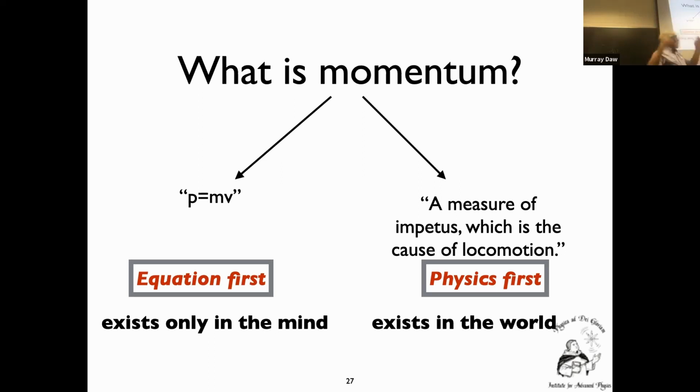That's where it exists. But where does the cause exist? In the things, in physical things. That's what you're talking about physics first. You want to understand what exists and how does it work? What does it do? And so that's physics first. Cause and effect is a physics-first understanding.